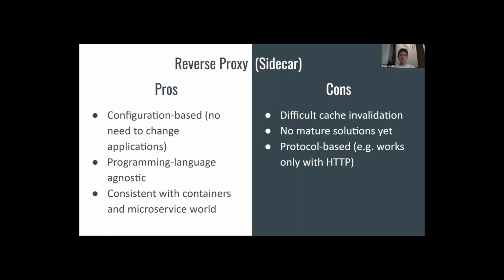And it's very consistent with containers, microservices, service meshes. I believe that will be the future. From the downsides, we already mentioned that cache invalidation becomes difficult. There is no mature solution yet for this. For just the reverse proxy, Nginx is a very good, mature solution, and it is implemented at the protocol level.